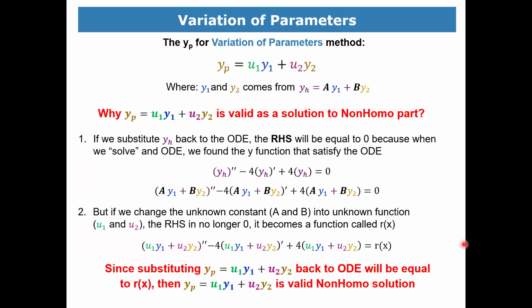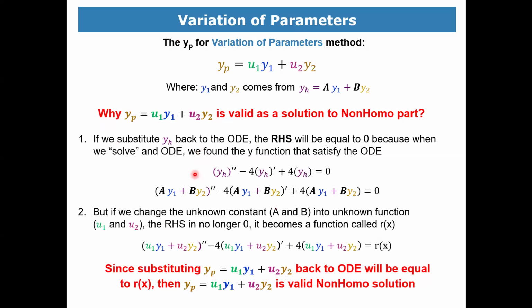The YP for the variation of parameters is equal to u1 y1 plus u2 y2, where the y1 and y2 come from the homogeneous solution. But the thing to wonder here is why this equation is a valid solution for the non-homogeneous part. Why suddenly do we think that this is a solution?